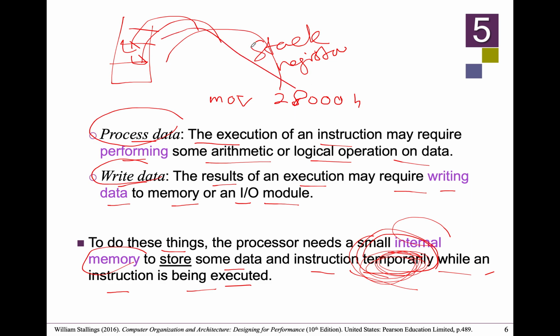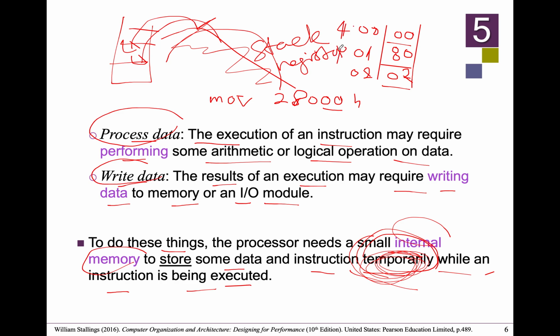Sorry, we pick this one first. We move our 0, 0, and then 0, 8, and then 0, 2. So we put it into our stack. Let's say this is 0, 0, and 0, 2. Let's say this is your address in your register.